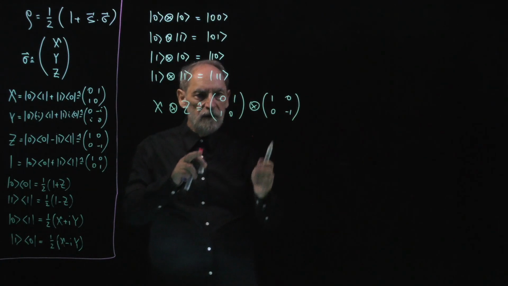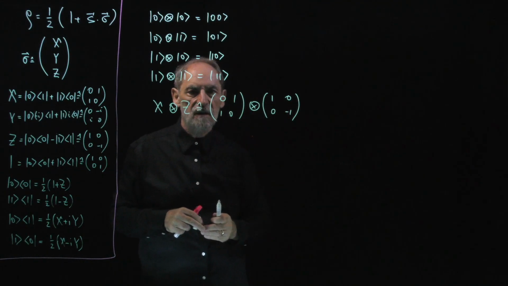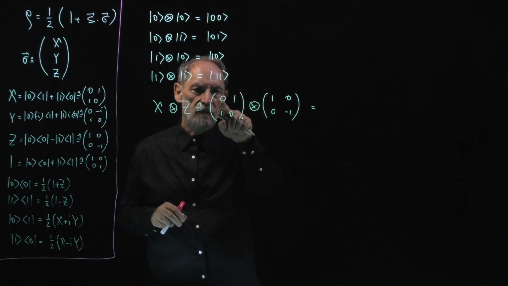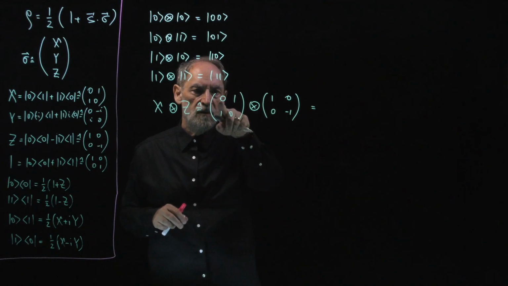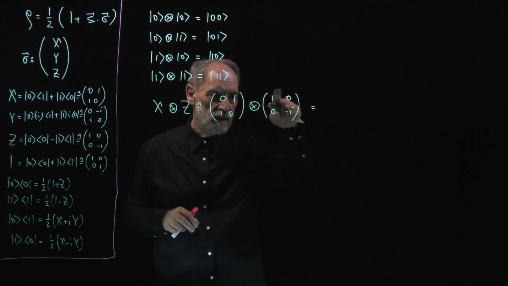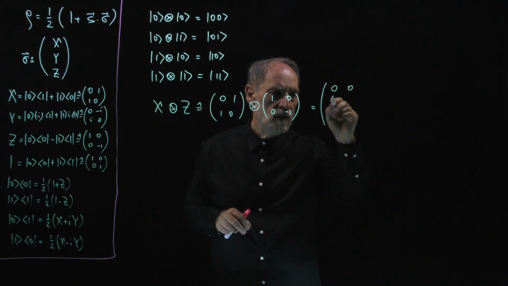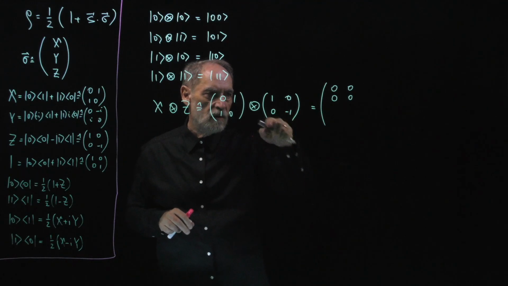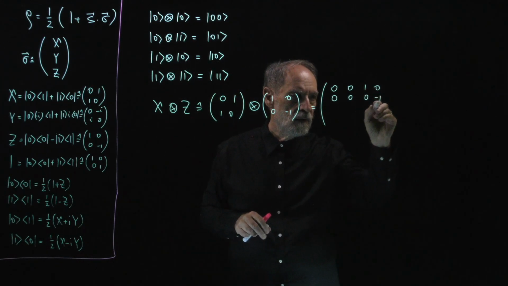And now the convention for how we turn this tensor product of two 2 by 2 matrices into a 4 by 4 matrix is that we multiply every element in the first matrix by the whole second matrix. So here this 0 will be multiplied by this whole second matrix, after which I get a 0 2 by 2 matrix. This 1 will be multiplied by this whole matrix, so I get a copy of this matrix.